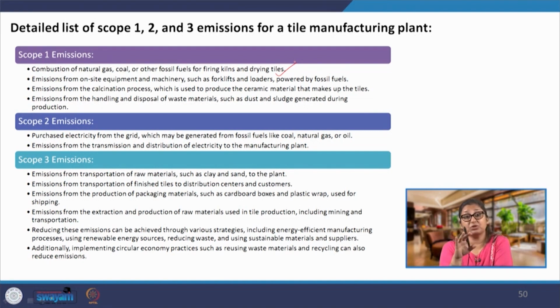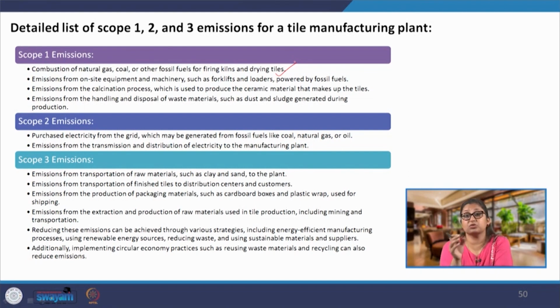Then the emissions could be as a result of certain chemical processes. For example, in this case calcination as a process will release certain amount of gases, and that is again part of process. So these are process emissions. Then there are also emissions from handling and disposal of waste materials such as dust and sludge which is generated during the production of tile, also counted as direct emission.